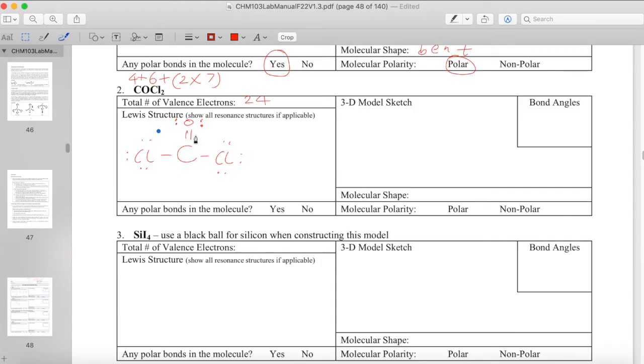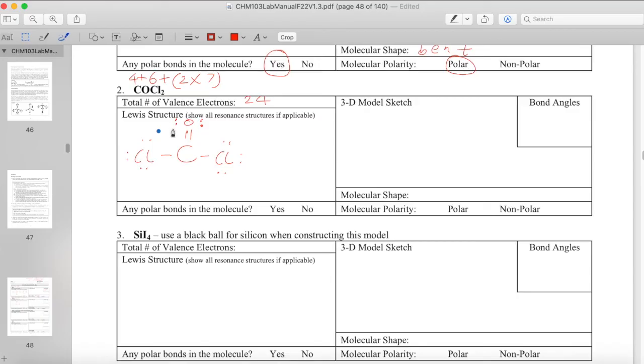But since I've taken away 4 electrons and only added 2 back, we've dropped 2 electrons overall. If you don't believe me, let's try counting these. 2, 4, 6, 8, 10, 12, 14, 16, 18, 20, 22, 24. This is now a good Lewis structure.